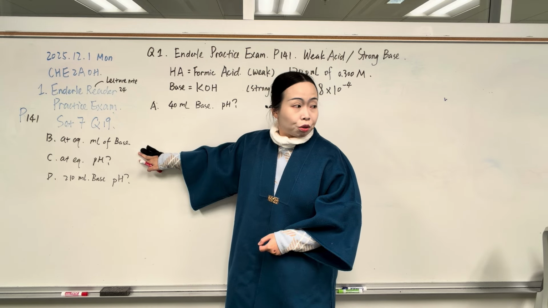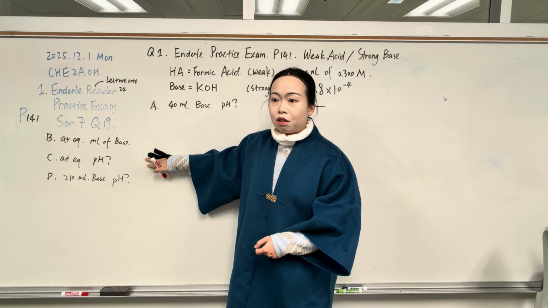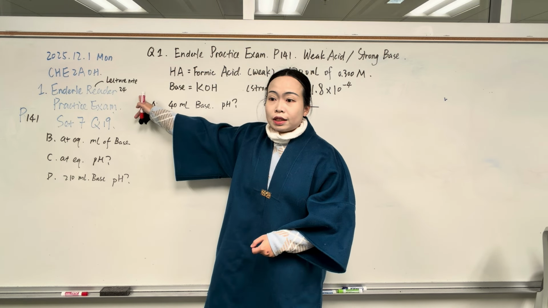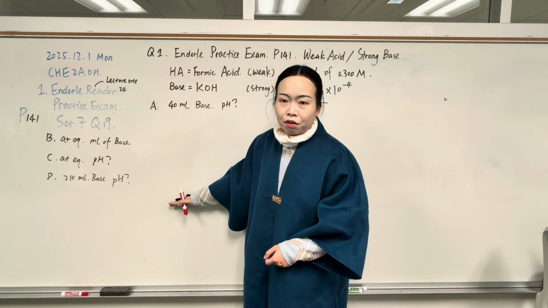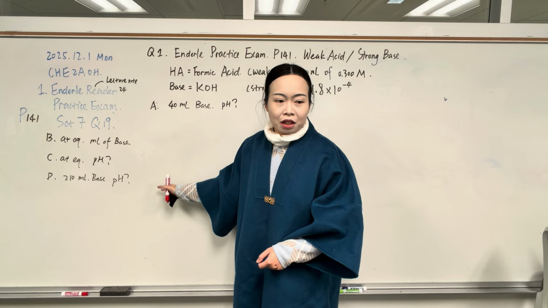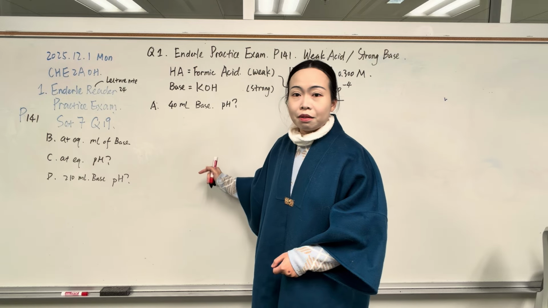In my lecture notes 24, it's the other way: I don't tell you that's the equivalence point. I just tell you 0, 10, 20, 25, 50 milliliters of base being added. At least one of them is going to be the equivalence point, and you need to figure that out.